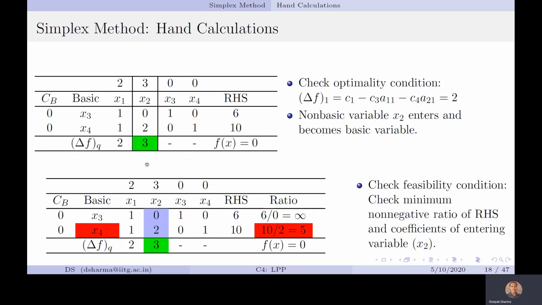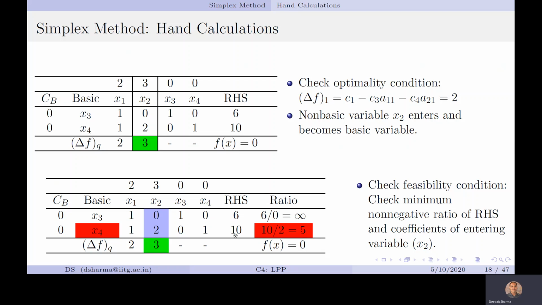You remember that we have to find the ratio and then find the minimum non-negative ratio. Looking at the table at the bottom, since x2 is entering the table, the coefficients of x2 are 0 and 2, which are shaded in purple. To find the ratio, the right hand side 6 divided by the coefficient in the same row, which is 0, gives infinite.